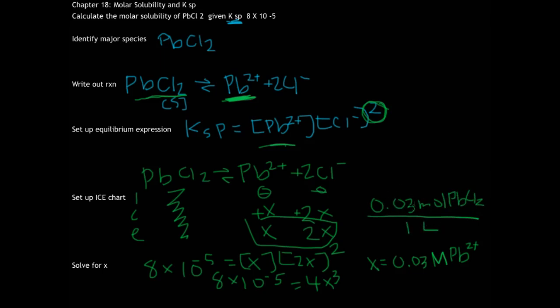This is not a lot, so I could have you actually convert this into grams, which I did do, and you would just take moles and turn it into grams using molar mass. I'm going to have to look up lead II chloride.